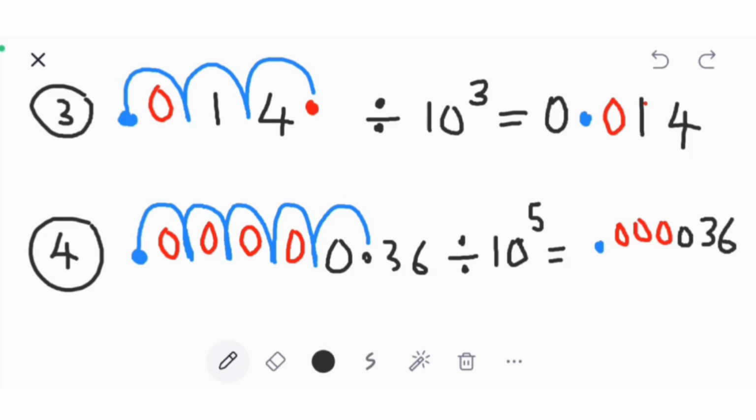To make this answer look presentable, like I used to tell my students, to make this answer look beautiful, on your own, you can write another 0 here. So the final answer becomes 0.000036. Here we've come to the end of this lesson.